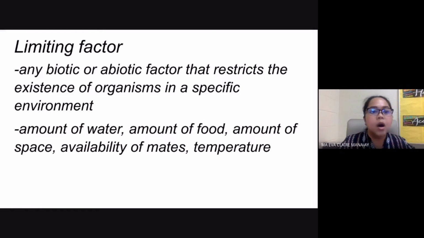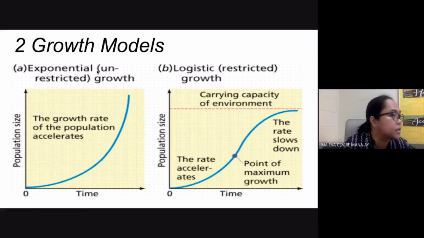Now, according to your carrying capacity and your limiting factors, you have two growth models here. The first type of model that we have is exponential. This is unrestricted growth. Your exponential model would show you a very fast, accelerated growth rate.